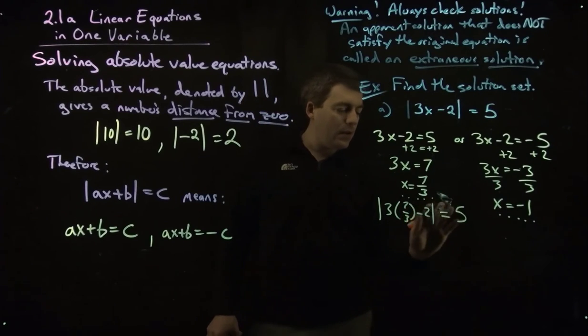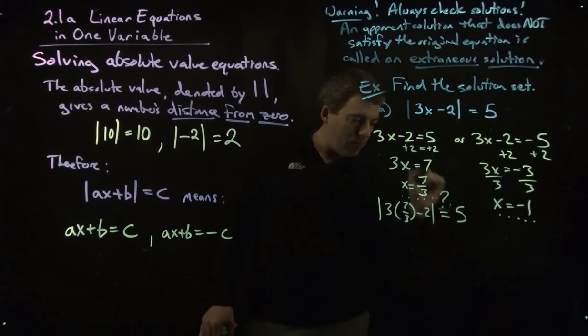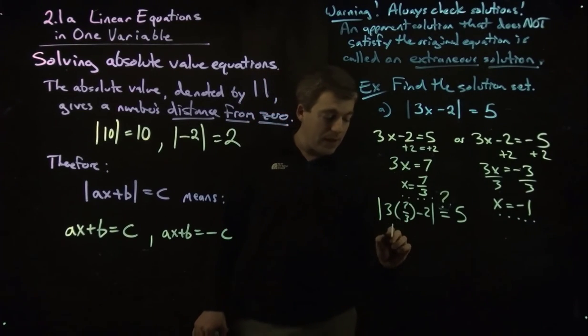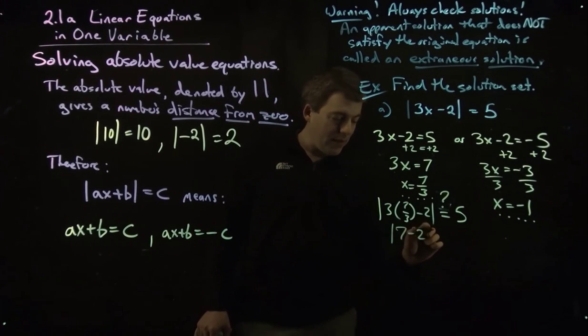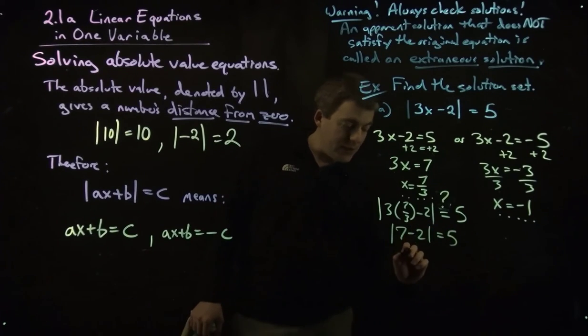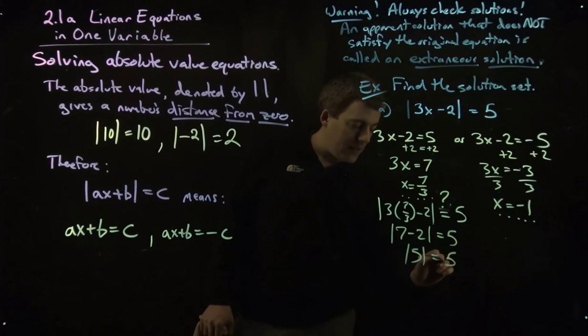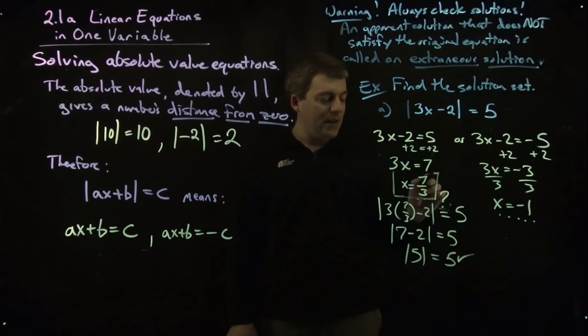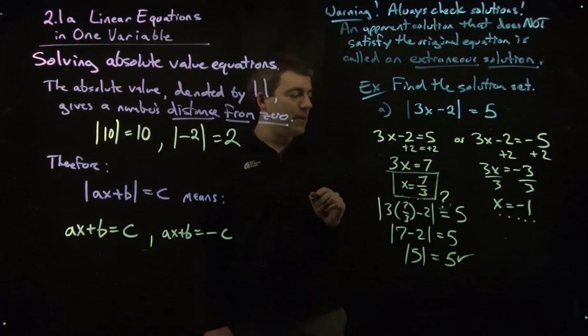So 3 times 7/3 is 7. The absolute value of 7 minus 2, which is the absolute value of 5. The absolute value of 5 is indeed equal to 5. So 7/3 is a part of our solution set.